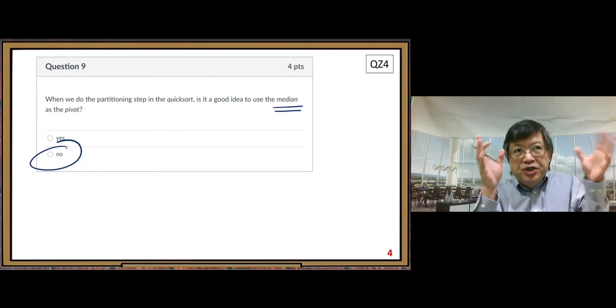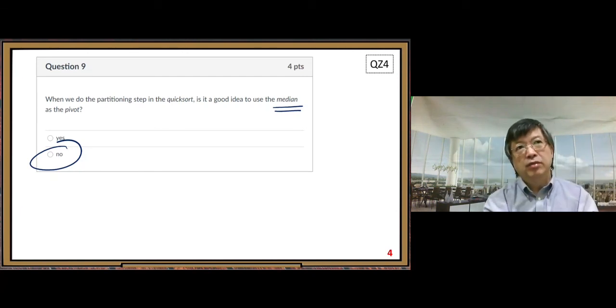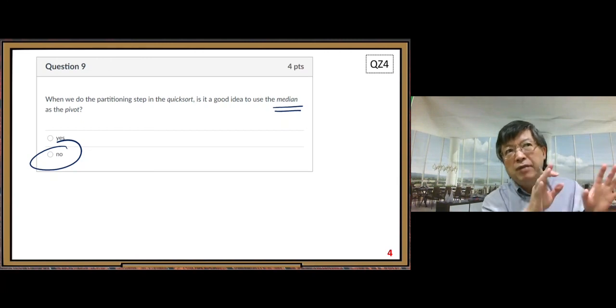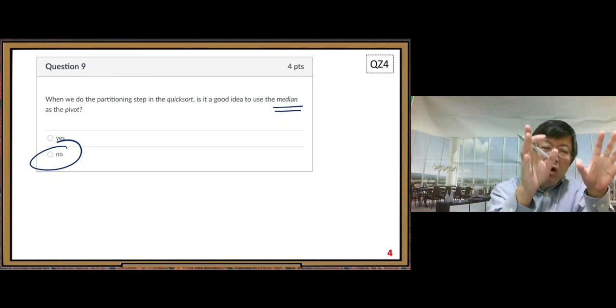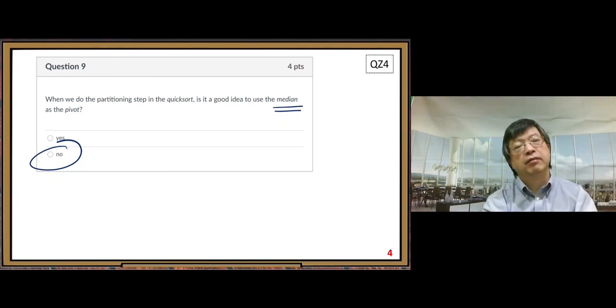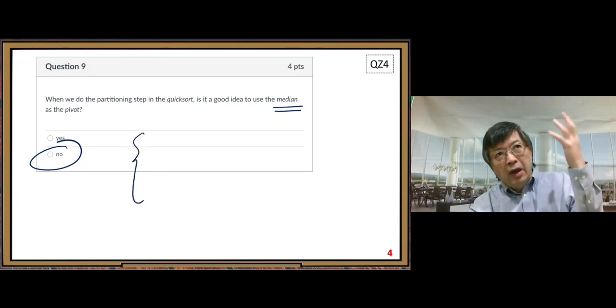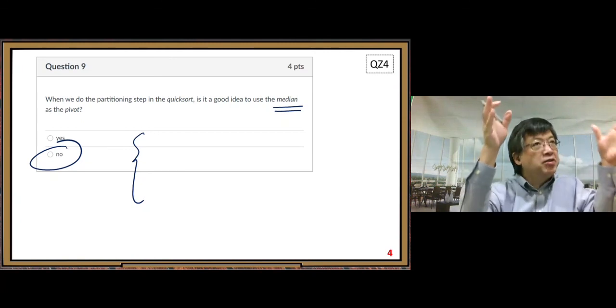When we consider one question, usually there are several factors we need to consider, not just a single factor. Sometimes your intuition may only focus on one particular factor, so that may not be good. Here, you need to consider how to make one partition as fast as possible.